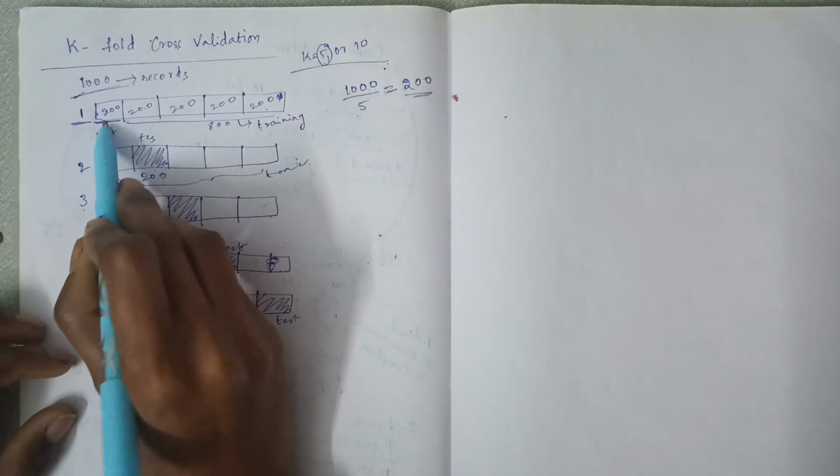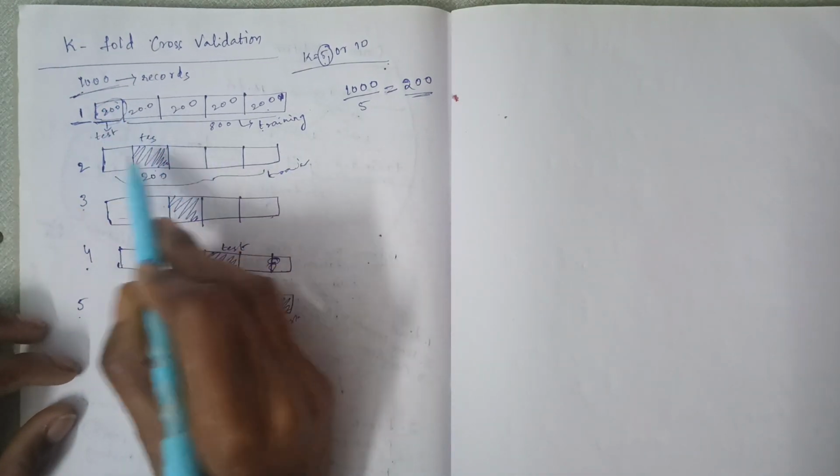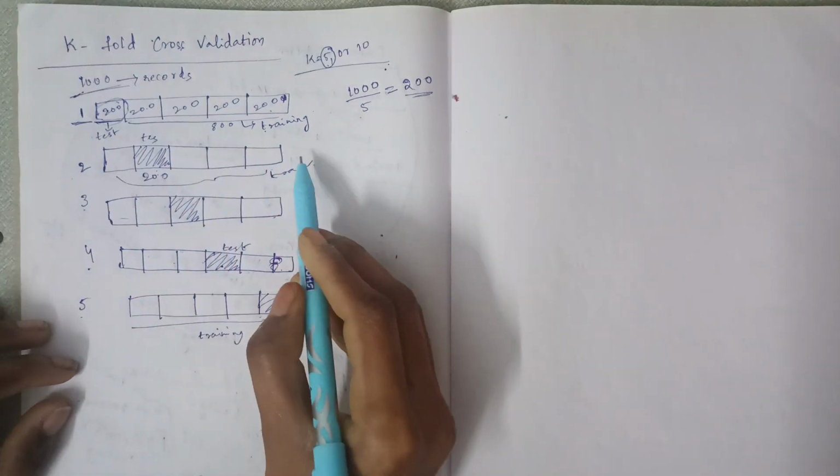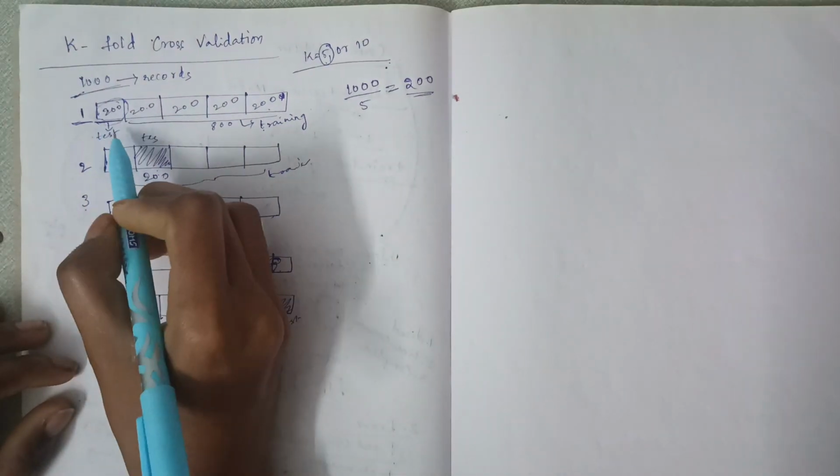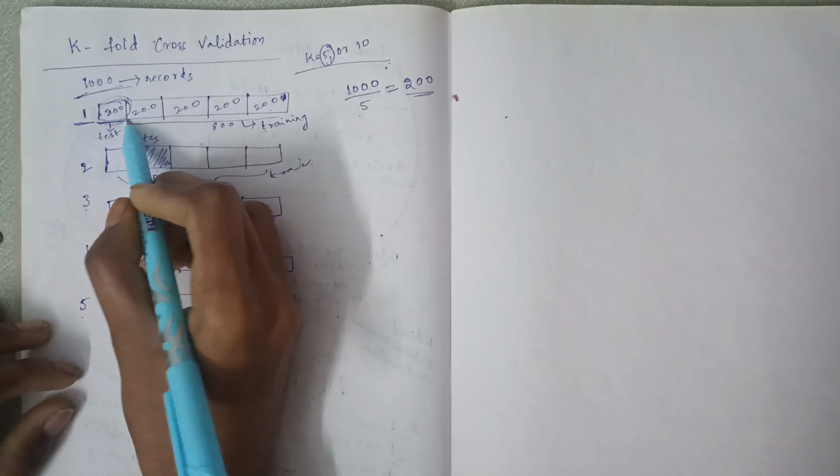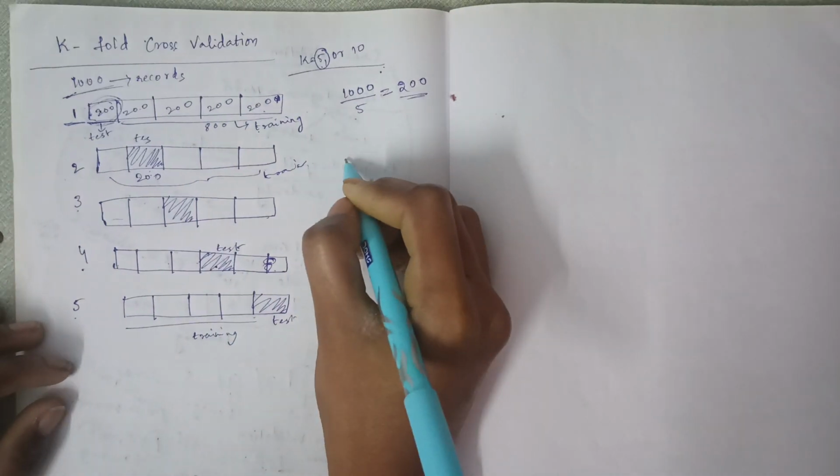Let us say here we have the first 200, in the second fold the second 200. But what if this test data set contains only one kind of outcome?